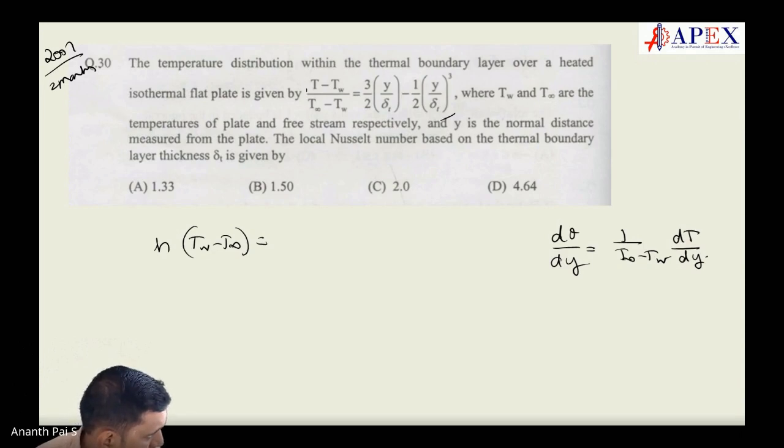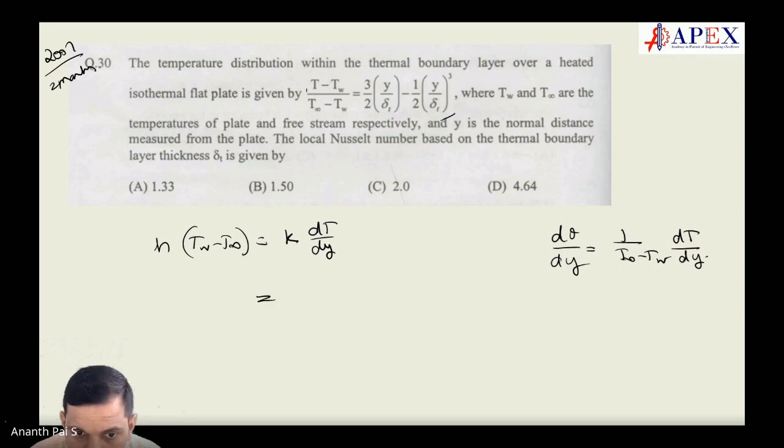Convinced? Okay. Now the heat transfer is K, area is anyhow there, into dT by dy. What is dT by dy? dT by dy is K into T infinity minus TW into d theta by dy.